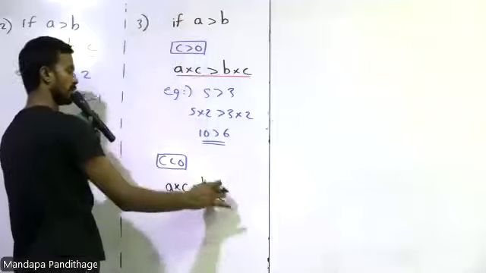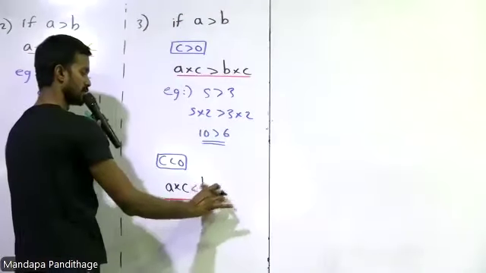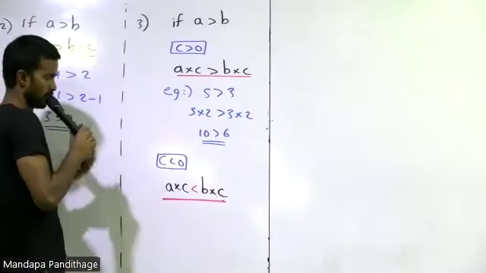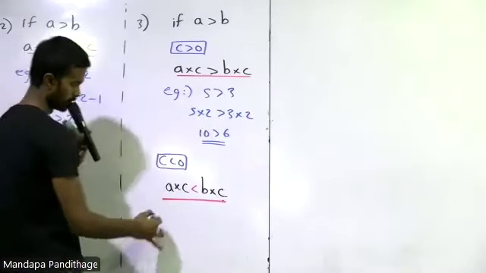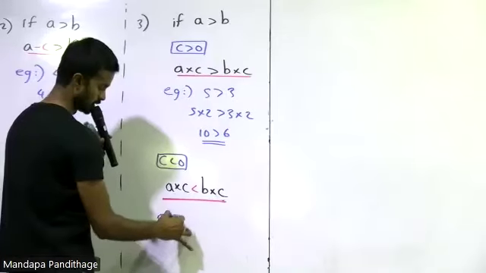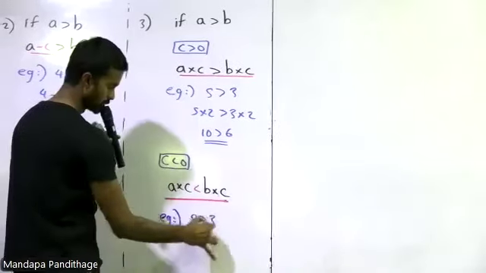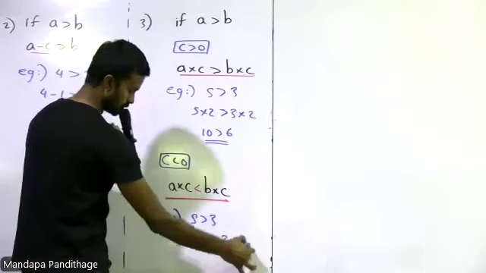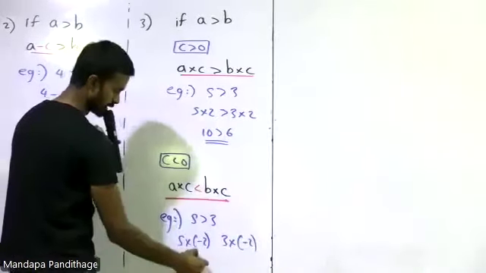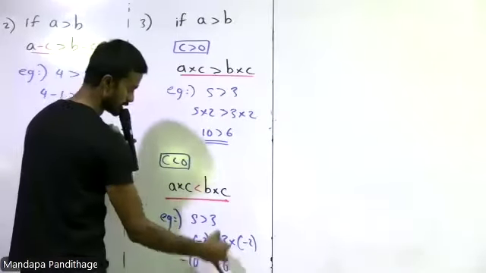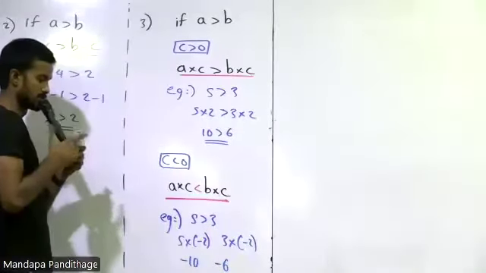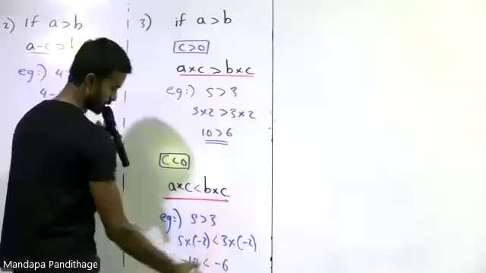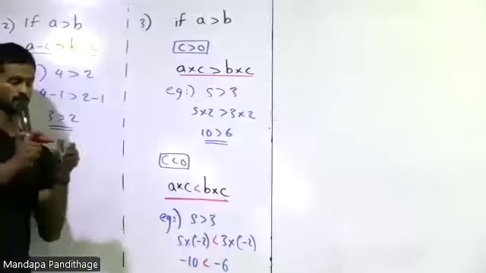To take an example, 5 is greater than 3. When you multiply by minus 2, make sure you change the sign, because minus 10 is not greater than minus 6. It's less than minus 6. Minus 10 is less than minus 6. Clear?